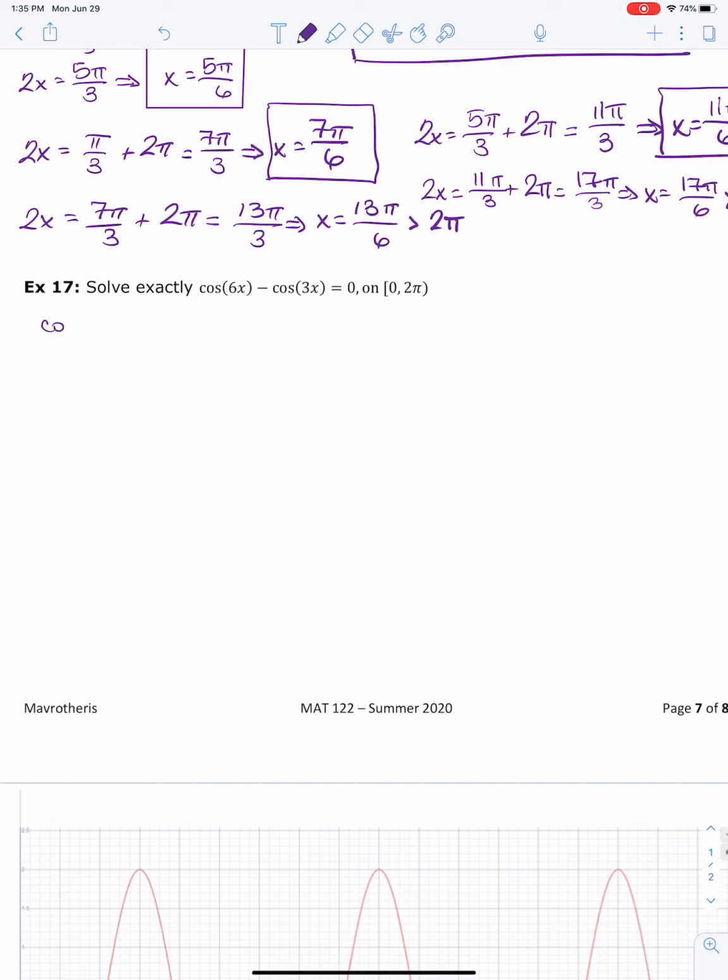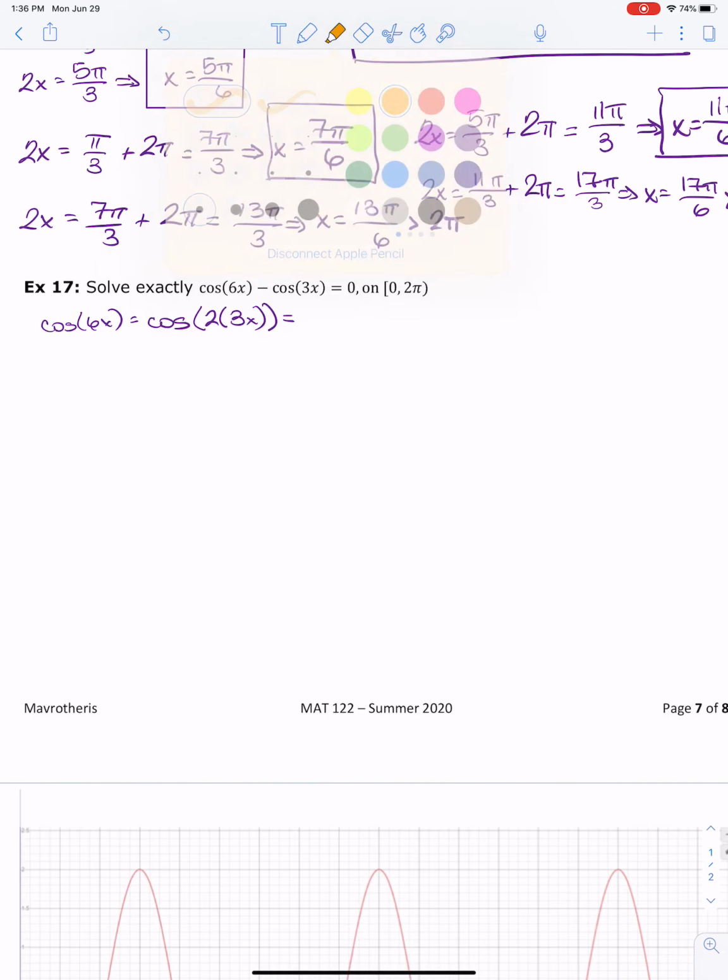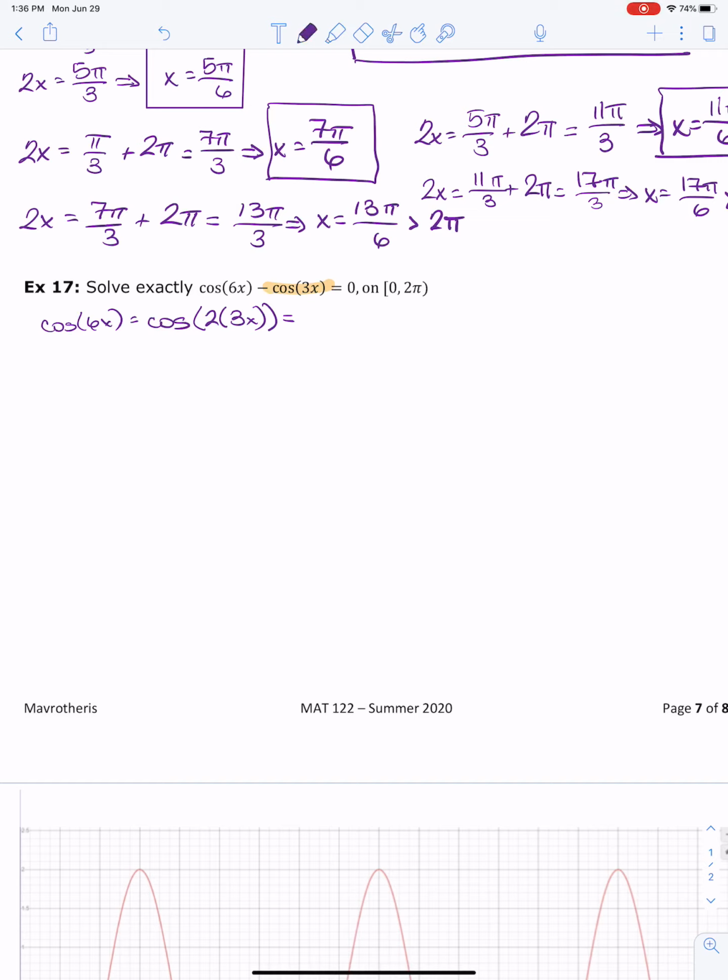I can think of cosine 6x as a double angle, 2 times 3x, and then I'm going to pick the version of my cosine double angle formula that I think is going to be most useful. I still have that cosine 3x in here. That's not going away. So I want to write this in terms of just cosines. So that's 2 cosine squared 3x minus 1.